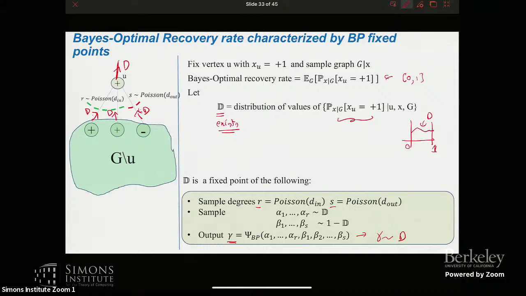For example, if you take 3-SAT, once replica symmetry breaking happens, these cavity assumptions won't be true, and you have to do survey propagation or something. But I just want to give a flavor of why the cavity assumption is very useful. It lets you start attacking these questions.